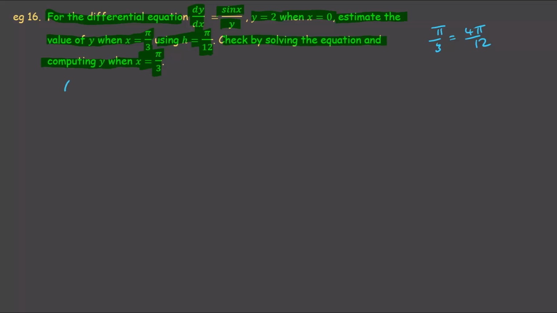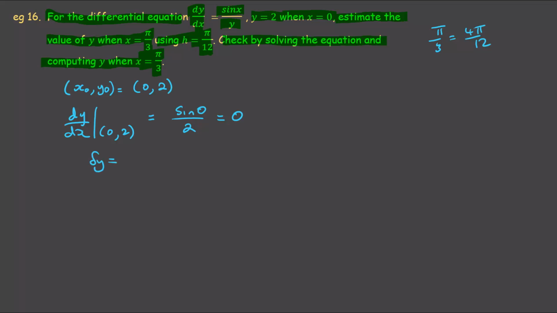Okay, so we can identify here that our x0, y0 is 0, 2. dy/dx evaluated at 0, 2 is going to be sine of 0 divided by 2. Sine of 0 is 0, and so that is going to be 0.